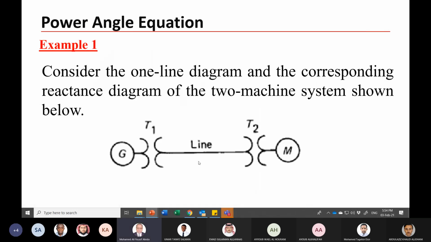So let us take this example. Consider the one line diagram and the corresponding reactance diagram of the two machine system. You have a generator, a motor, two transformers and a transmission line. How many impedances do we have here if we convert it to an impedance diagram? Yes, Hussein, 5: Xd prime of the generator, X transformer 1, X line, X transformer 2, and the reactance of the motor.